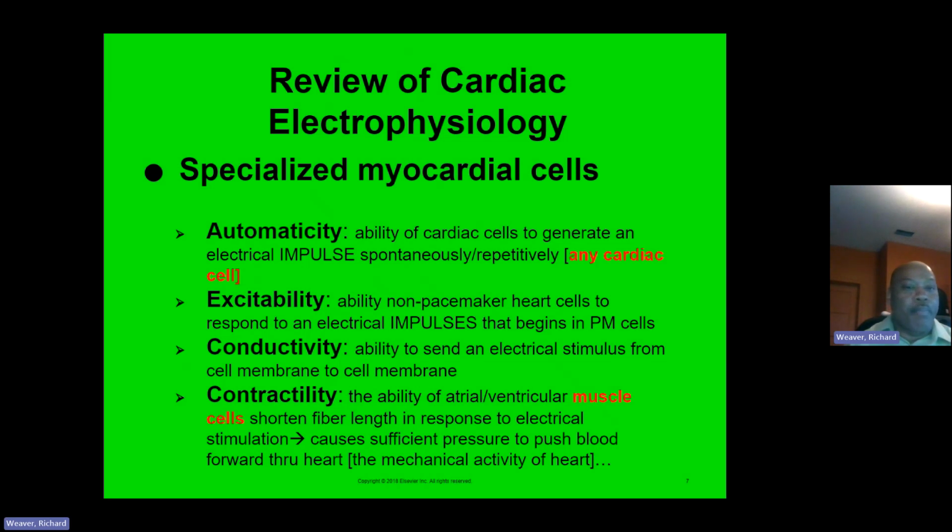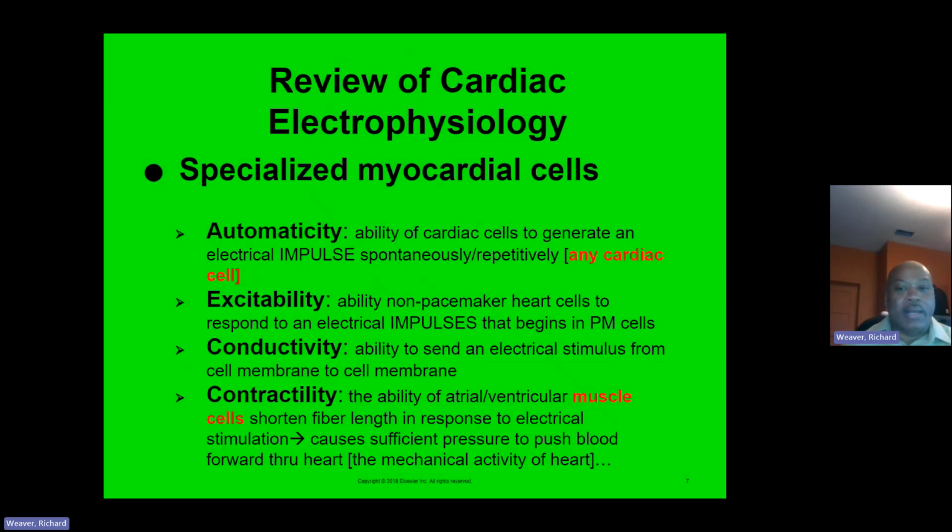So in the heart, the pacemaker cells act as the initial runner, right, in the race, carrying the electrical impulse like a baton and passing it along to the non-pacemaker cells or the next person in line, right? Now, excitability is akin to the readiness of the waiting runners. So somebody is waiting to get that baton, right? And they're going to spring into action as soon as they receive the baton, and then they'll move on until they get to the next individual or the next cell.